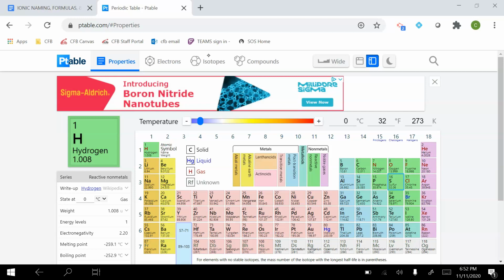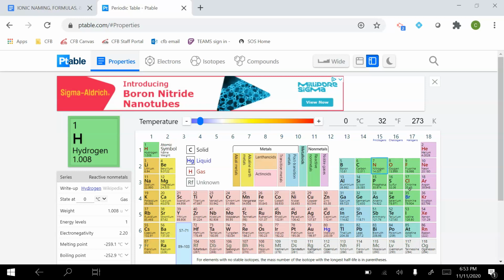That's something to memorize. And if you need another way to remember that, it's steps away from the noble gases. So -1 is group 7A. You go one more step, it's -2. Go one more step, it would be -3. One more step would be -4 for carbide.